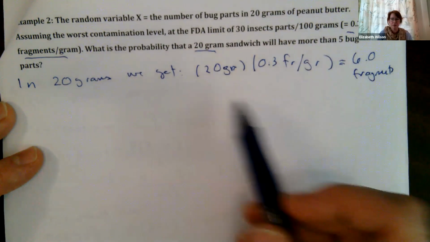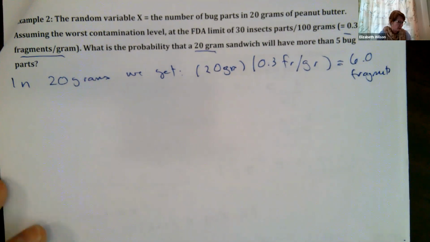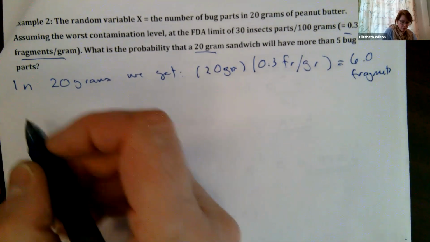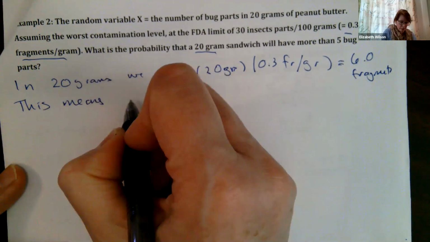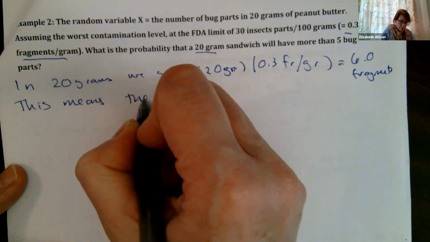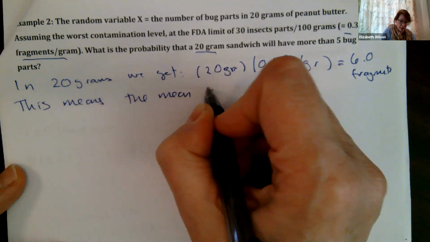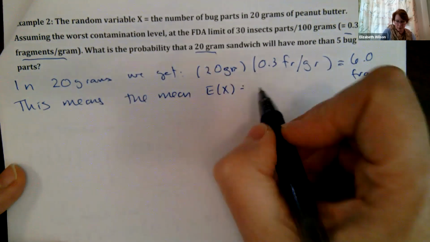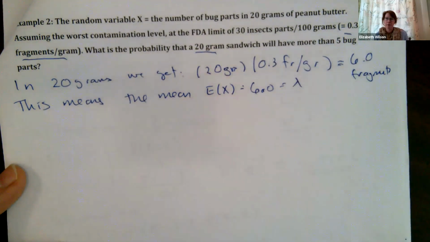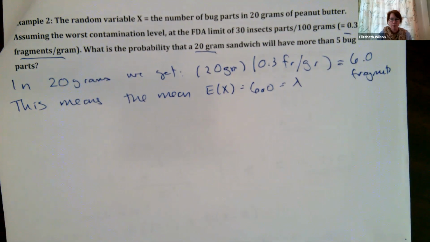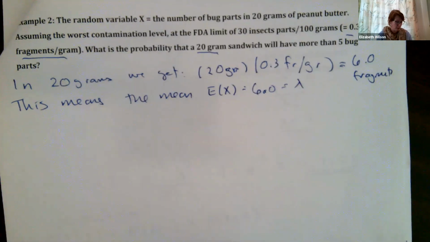So 6 fragments in a 20-gram sandwich. This means that the mean, our expected value, is equal to 6.0. This is our lambda, our expected value for how many bug parts we're going to have in a 20-gram sandwich, based on the FDA maximum contamination limit.